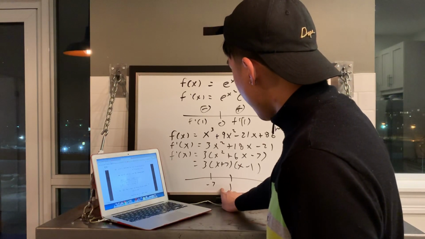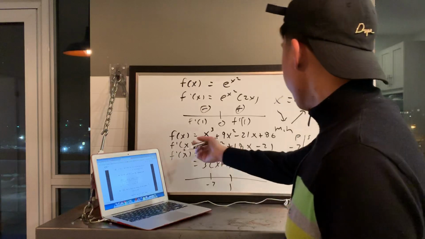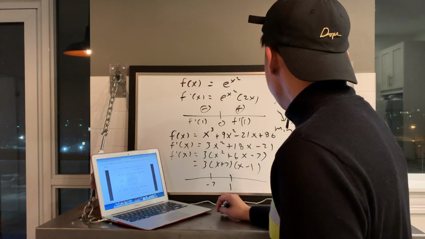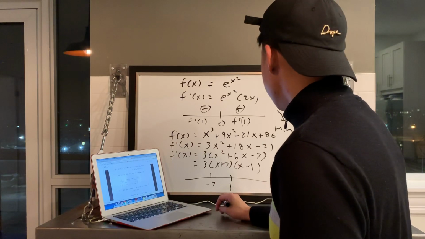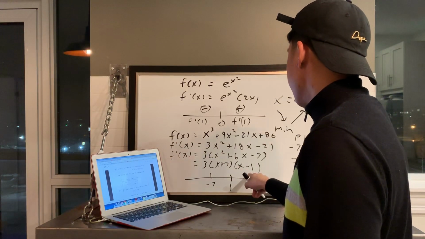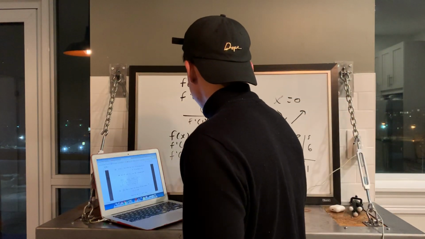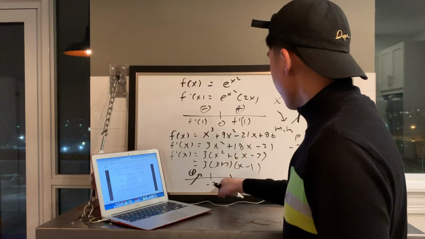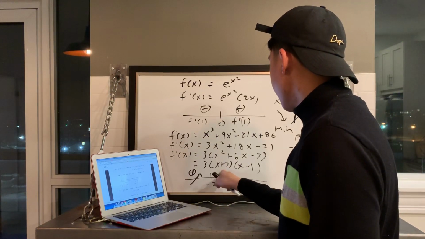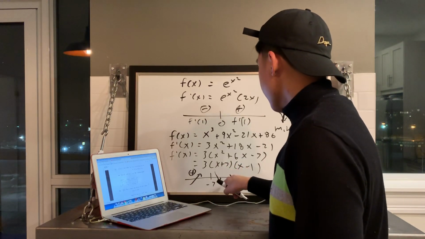If I test something to the left of -7 in this derivative, such as -10, I would get a negative number here and a negative number here, which would give me a positive number. So the derivative is positive. Right after that, if I have something like -6, I'd have a positive value and a negative value, which gives negative.